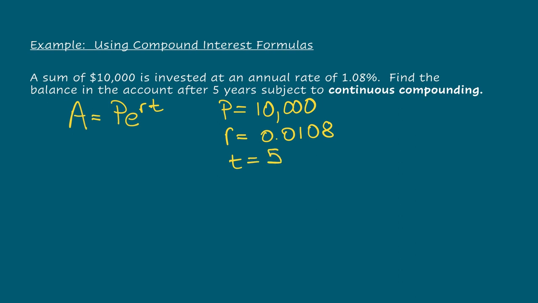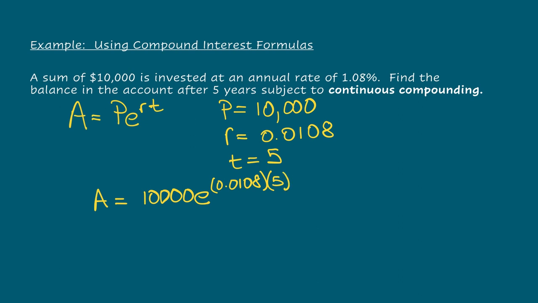So we can just plug that in, and we're going to have A equals 10,000 times e to the 0.0108 times 5.